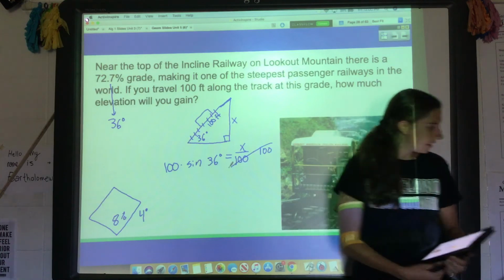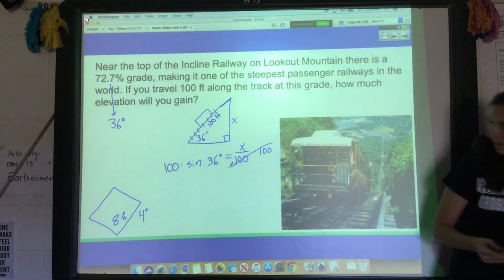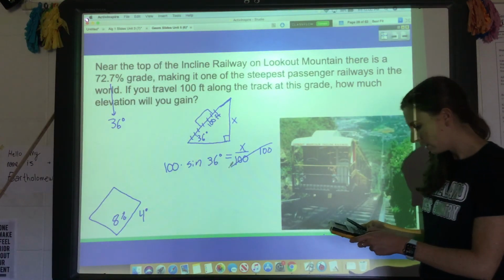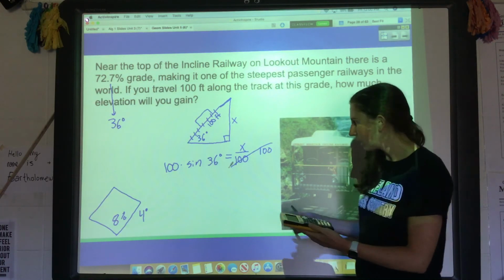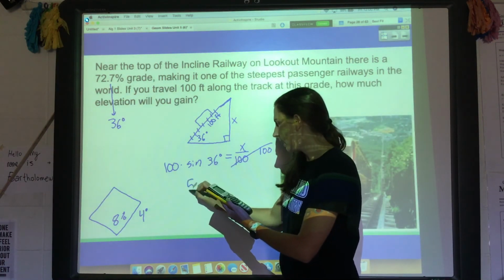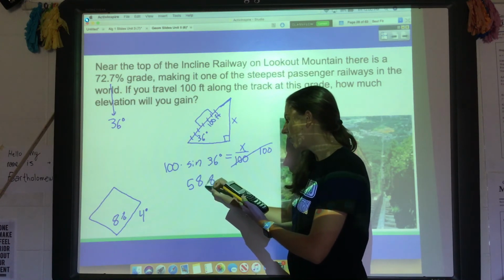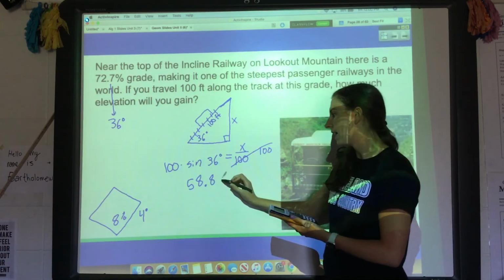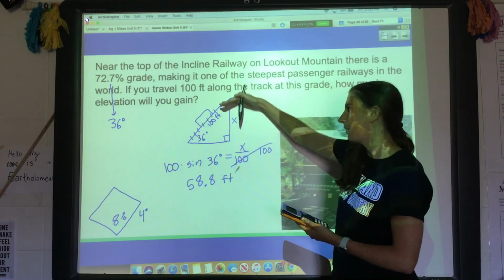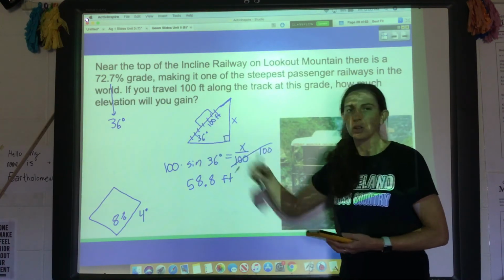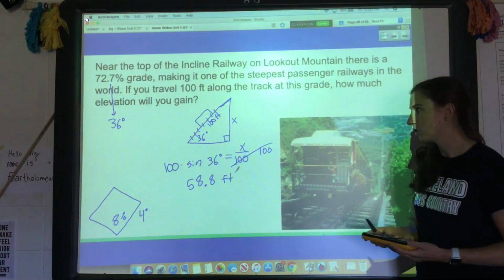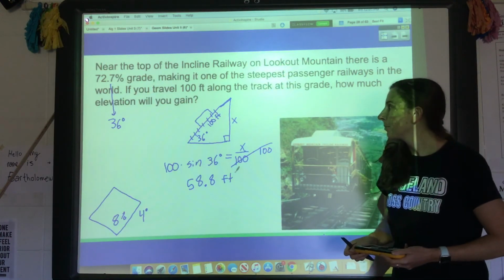And type that into your calculator. And we get 100 sine 36. Again, make sure it's in degree mode. And that is about 58.8, so about 59 feet is how much elevation you've gained as you go along the track, which is quite a bit of elevation in just 100 feet.